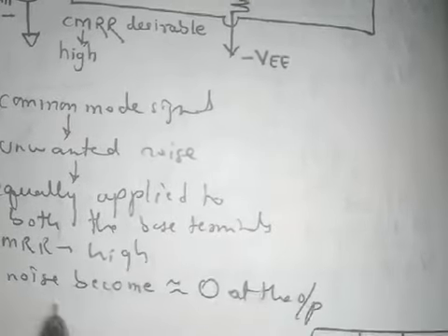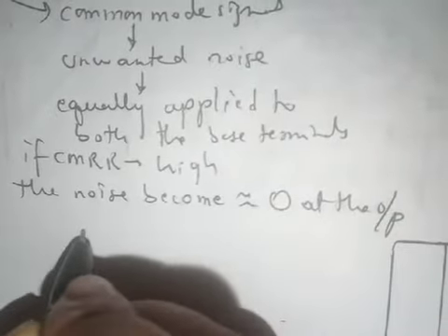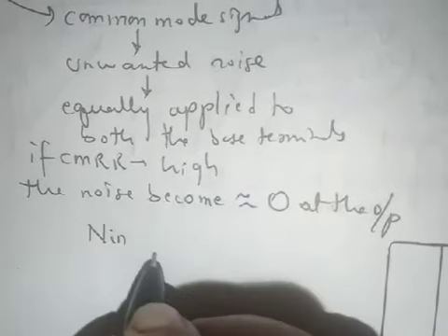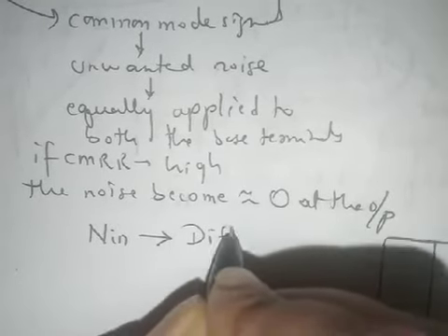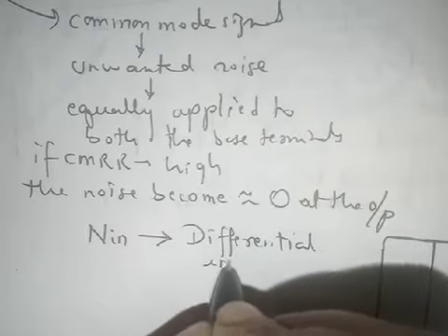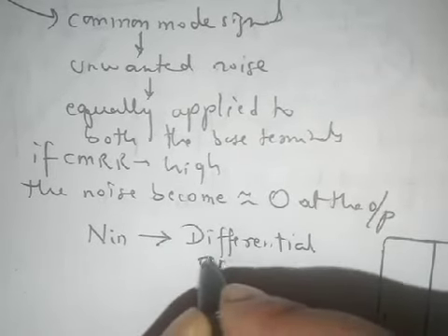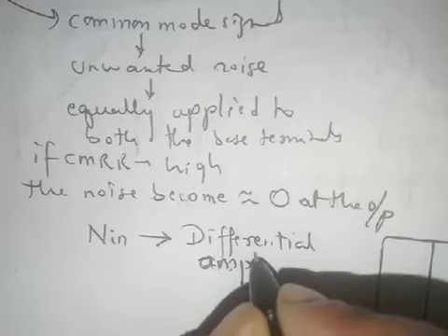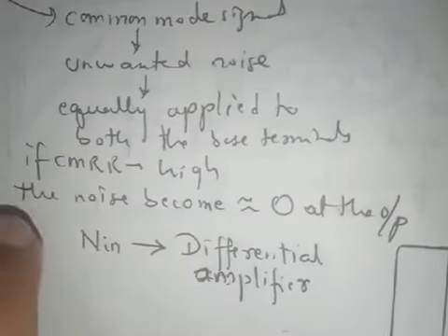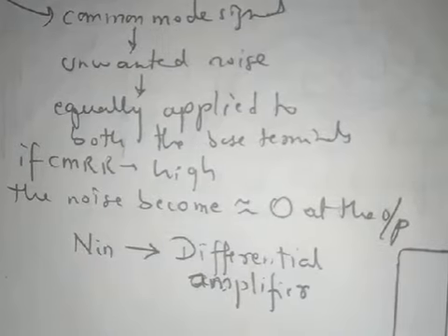How can I show you? Let's suppose the noise N in is incorporated in your differential amplifier from any external source like coupling or humming noise, which has a very low frequency, or the noise is nearly a DC input.